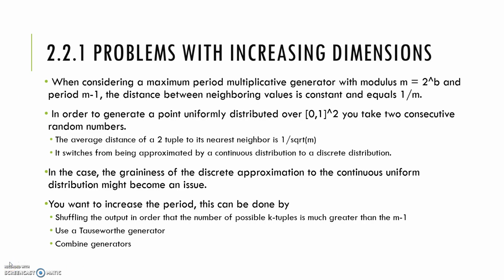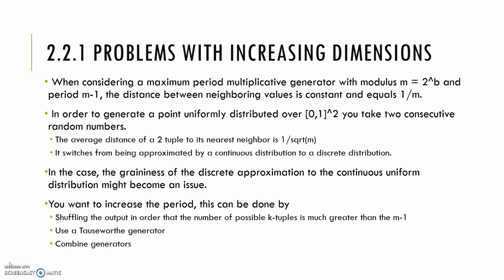So now the next topic that I'm going to discuss is problems with increasing dimensions. When considering a maximum period multiplicative generator with modulus n equals 2 to the power of b and a period n minus 1, the distance between neighboring values is constant and it equals 1 over n. But when you go into generating points, like we just talked about with the lattice structure, and the points are generated over the 0 to 1 squared uniform distribution, you take two consecutive random numbers from that.